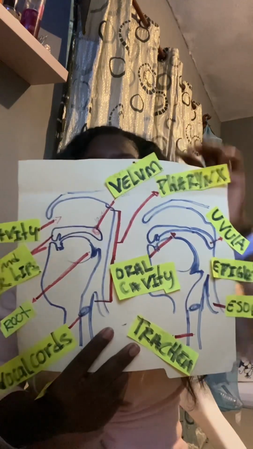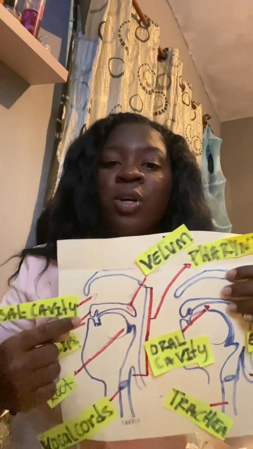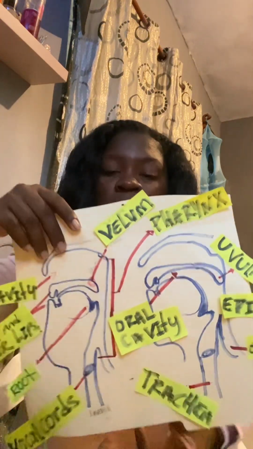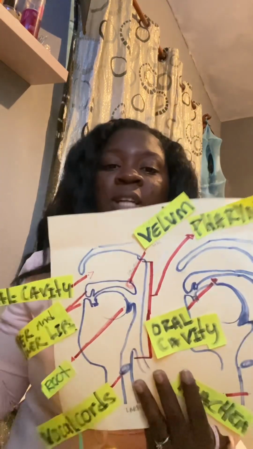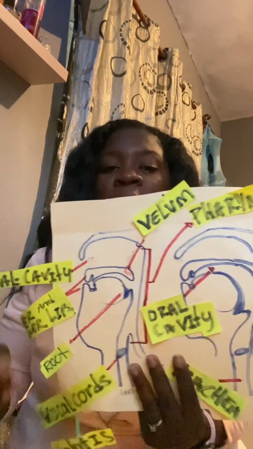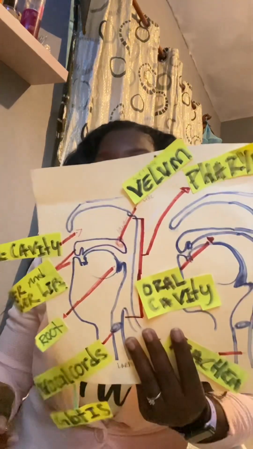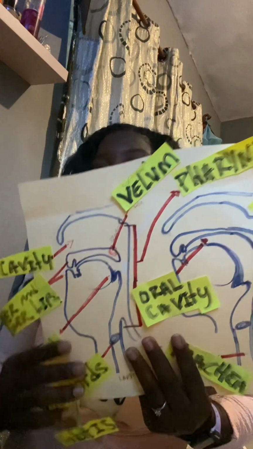Let me take this over here. There are some modifications of the voice. The principal source is the tongue. And we can divide those modifications into three parts: the vocal tract cavities, articulators, and points of articulation.